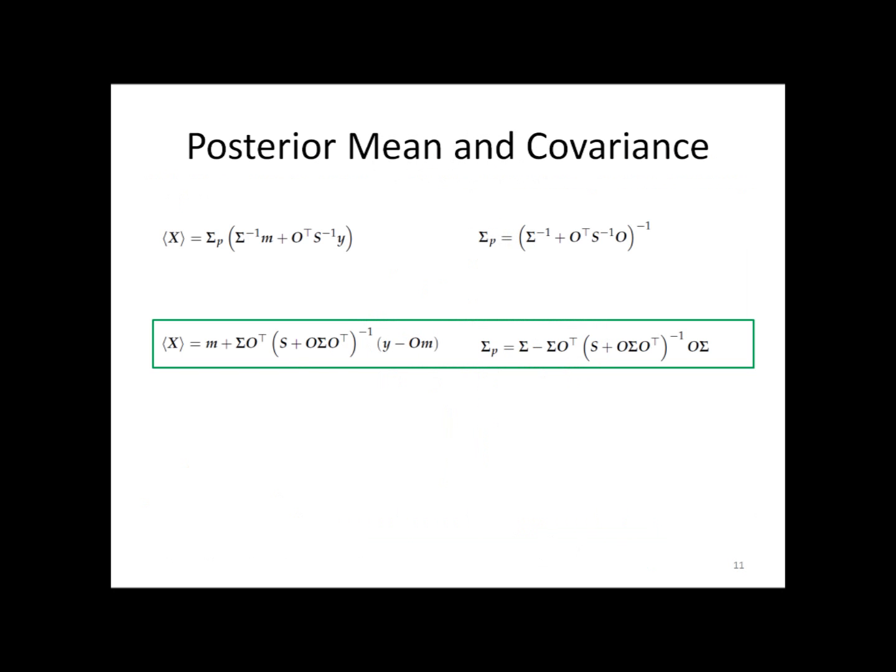Alright, so if I go through and do the algebra, I end up getting that my mean and covariance with the Bayesian method of my posterior are these, after a bit of algebraic rearrangement.